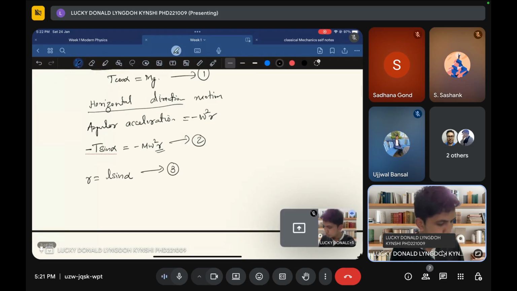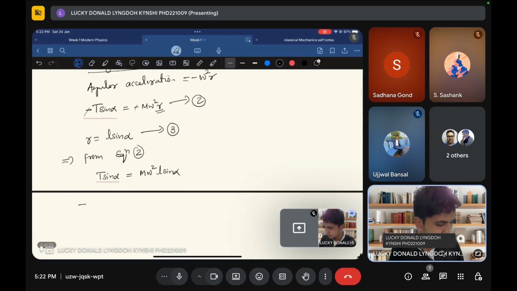So you can take equation 2. From equation 2, the negative sign and negative sign are already cancelled. So you have T sine alpha equal to m omega square, and instead of r you can write L sine of alpha. Sine of alpha on the right and on the left can be cancelled.